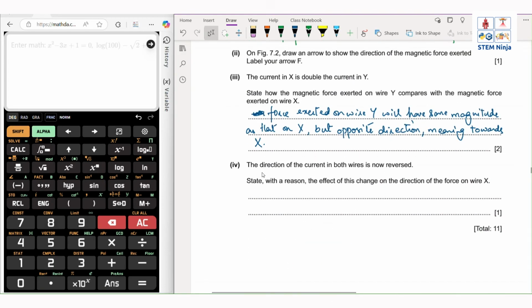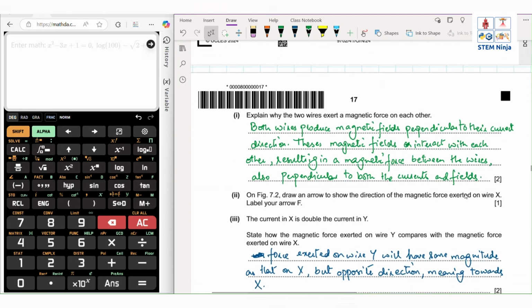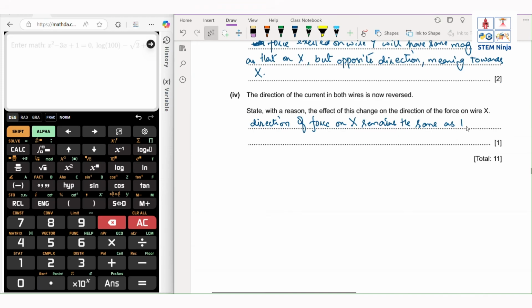So the direction of force on X remains the same, as the forces were produced by the interaction of magnetic fields, so both the magnetic fields are also reversed, as are the currents. So the effect they will have on each other will be the same.